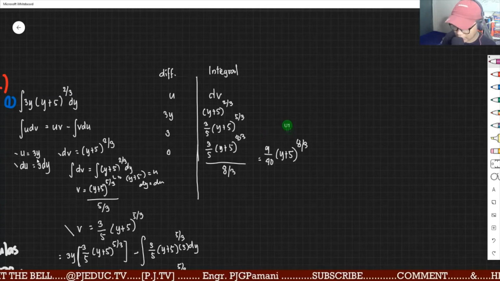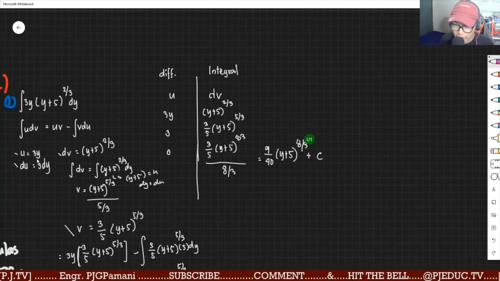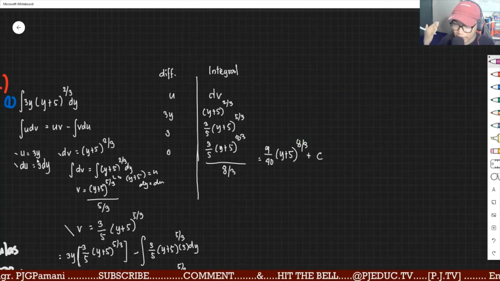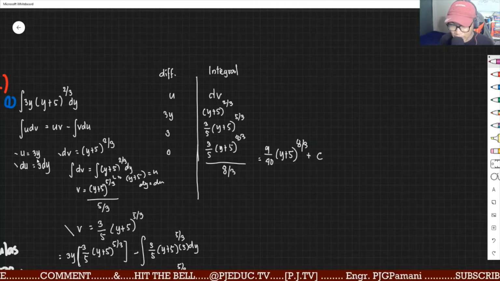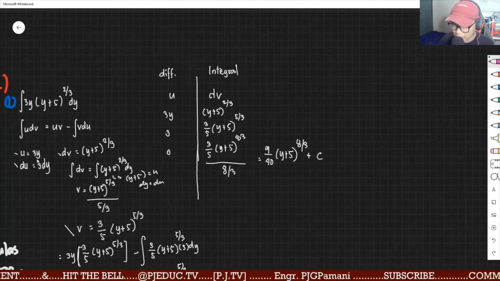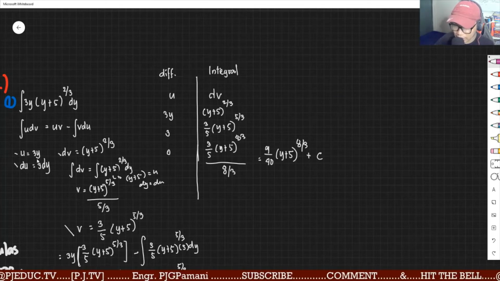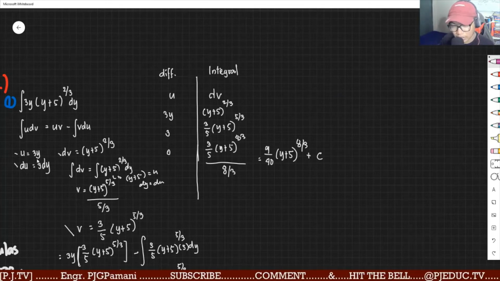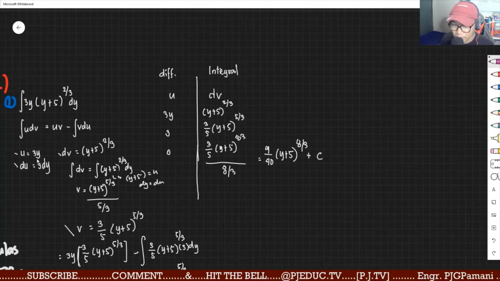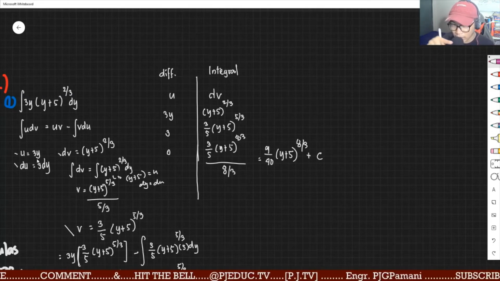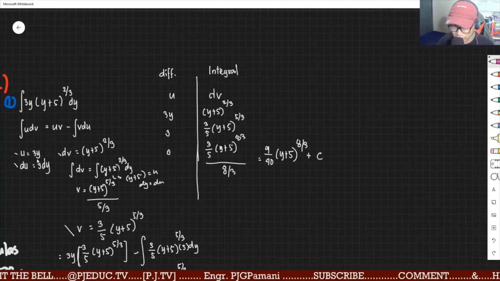This time, we add the constant there. Now, why do we end there? We end there at the point where function u ended at 0, after continuous differentiation of function u. So always end when the differential form of function u is equal to 0.